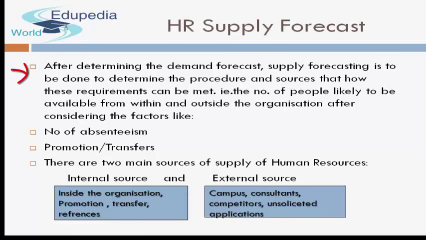After determining the demand forecast, supply forecasting is done to determine the procedure and sources by which these requirements can be met. That is, the number of people likely to be available from within and outside the organization after considering facts like absenteeism, promotions, transfers, etc.